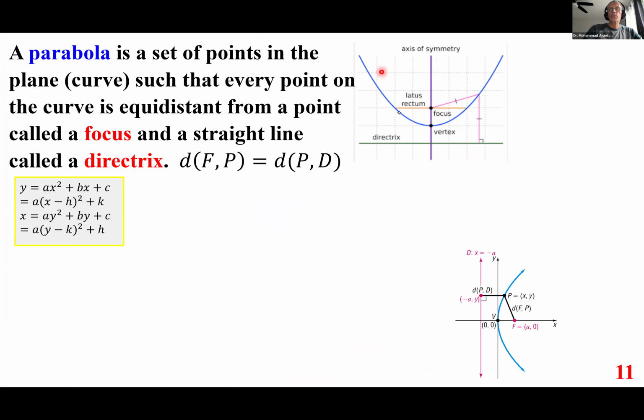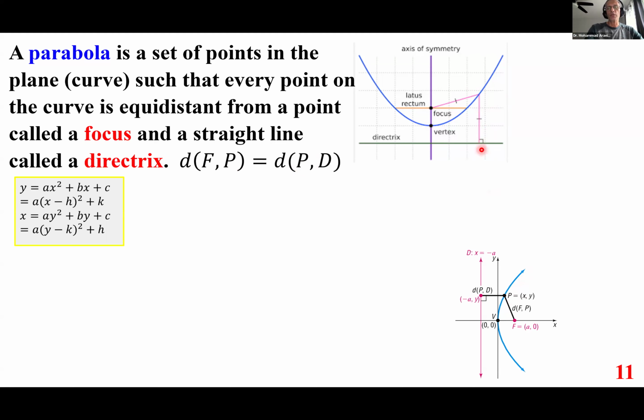So if you look at this parabola, this is the focus, and this is the directrix line. Take the focus and some point P, and the distance from the same point to the directrix. If you drop a perpendicular, the distance from here to the focus and to the directrix.